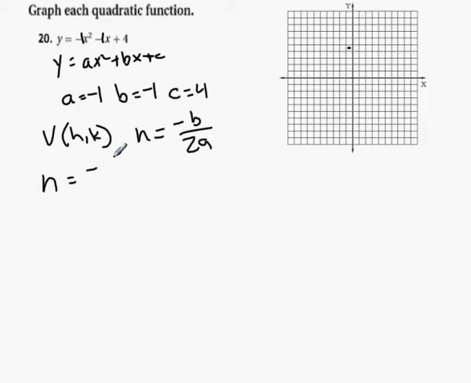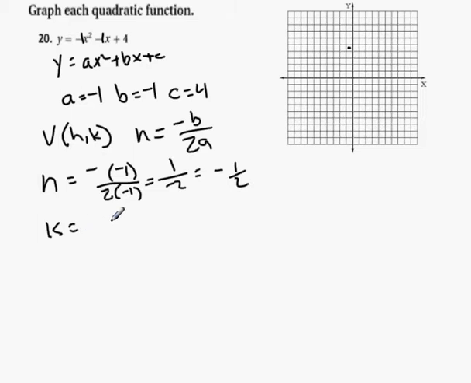So we have negative, which comes from the formula, then we have our b, which is -1, over 2 times -1. Two negatives make a positive, over -2, which is -1/2. Okay? So our x coordinate of the vertex is -1/2.